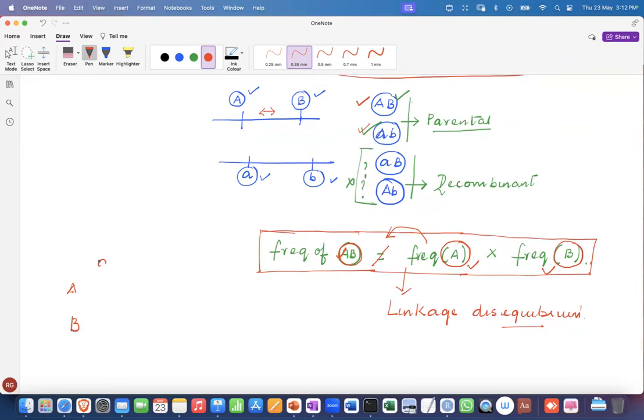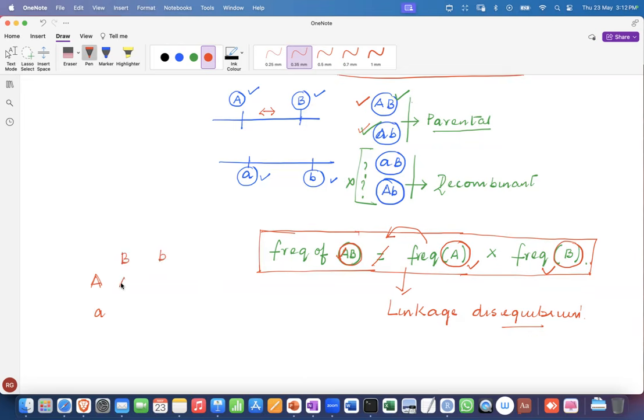I'm slightly deviating from the topic, but sorry, it should have been like this.